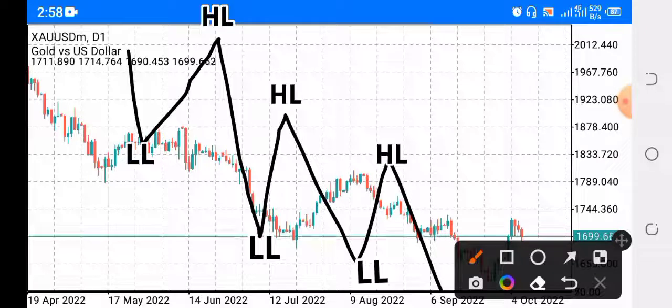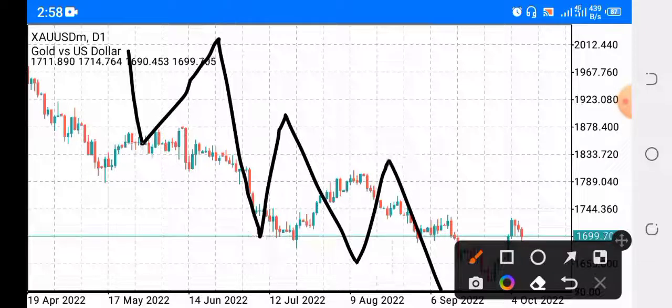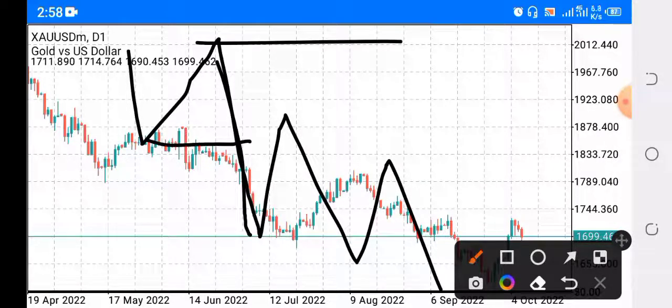When it continues like this, what makes it a downtrend market is the break of structure. When the market breaks this zone, it needs to make another higher high and breaking this previous zone again makes it continue its downtrend. That is to show that the sellers are in power.